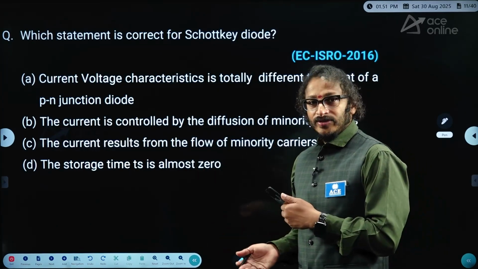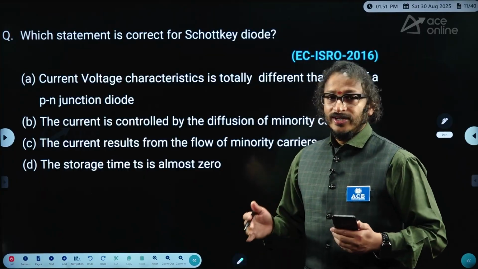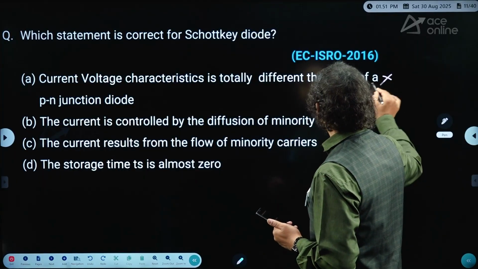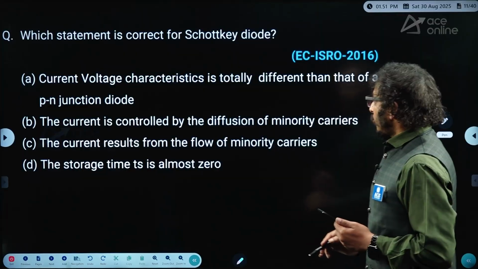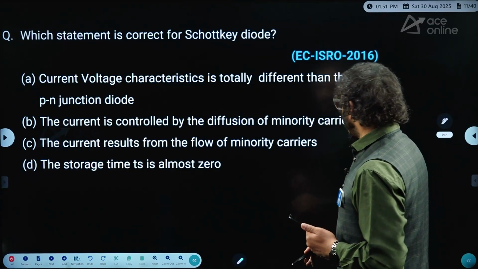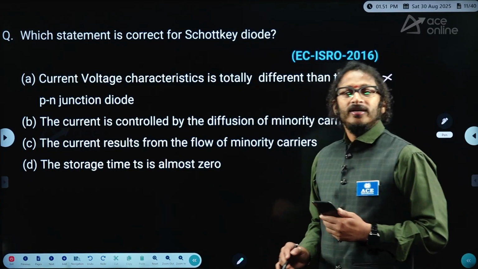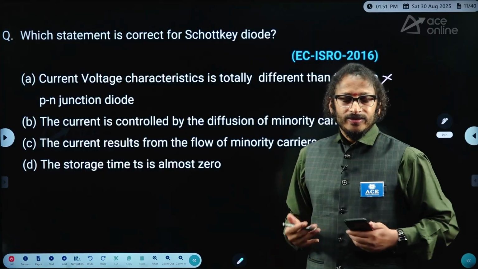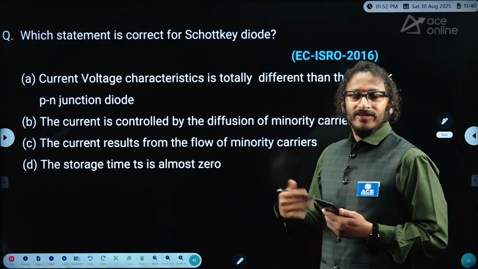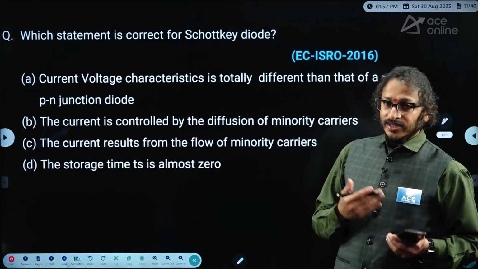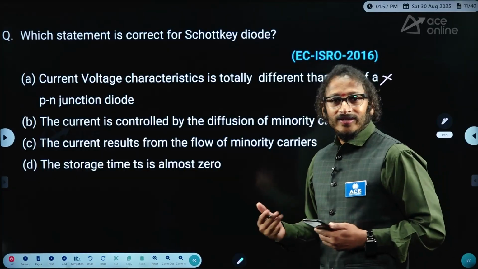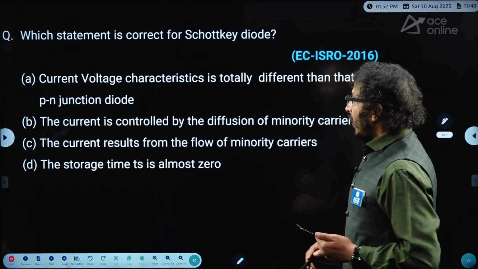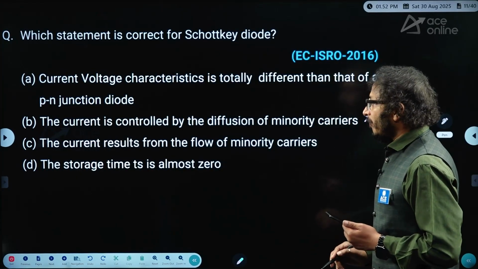It may be a Schottky diode or it may be a PN diode, the VI graph is almost similar. So this is wrong. The current is controlled by the diffusion of minority carriers? I don't think so, because I told you already, minority impact is negligible in the case of Schottky, right? Because the default is a metal to n-type. It is electron, even that is also electron, right? So this is wrong. And the current results from flow of minority carriers.